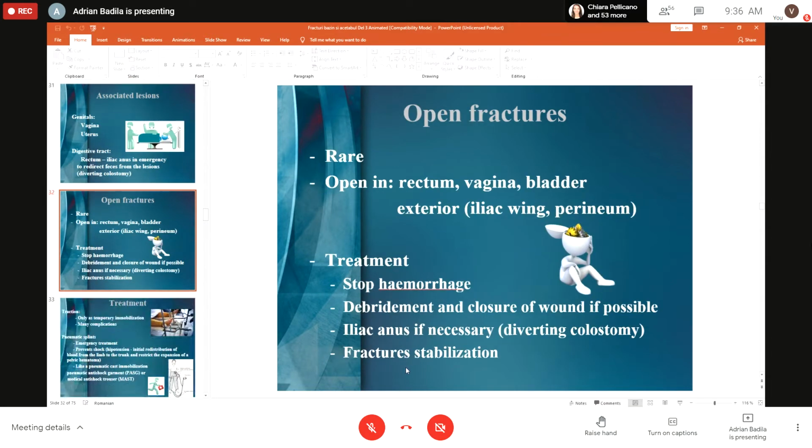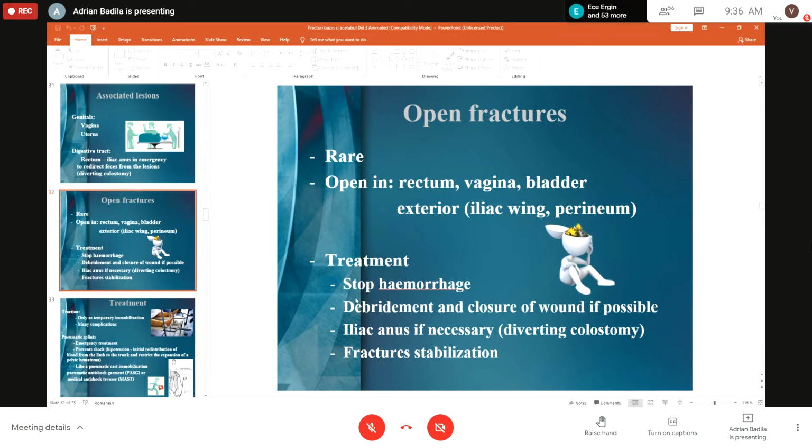The open fractures are rare at this level because the bones of the pelvis are well covered in fat and muscles. These open fractures can be open inside an organ, in the rectum, in the vagina, or in the bladder, or we can have the normal open fracture, which is open in the exterior at the level of the iliac wing or at the level of the perineum.